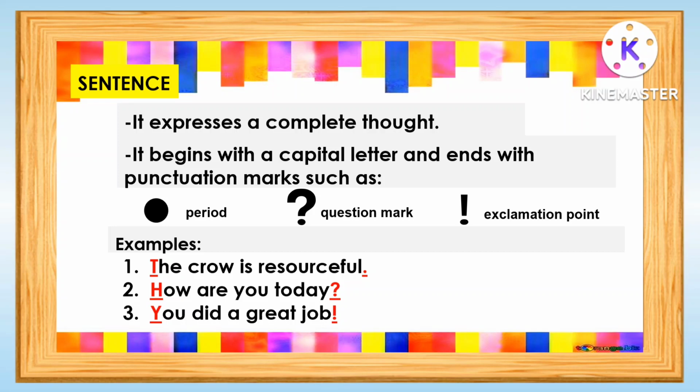Number 2, how are you today? And number 3, you did a great job. Now take note kids that these groups of words begin with capital letters such as in number 1 letter T, number 2 letter H, and number 3 letter Y, and they also end with punctuation marks. Okay?